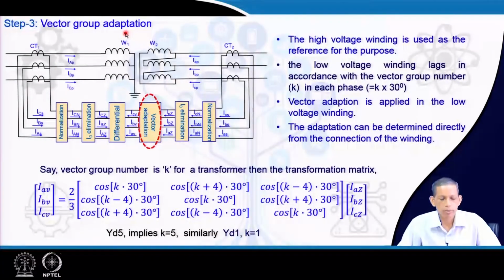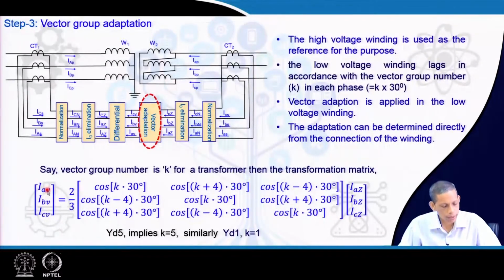Now, for this vector group adaptation, how is it done? We take a matrix form, as we did for the zero sequence elimination also. In this case, the vector group adaptation is accomplished on the low voltage side.